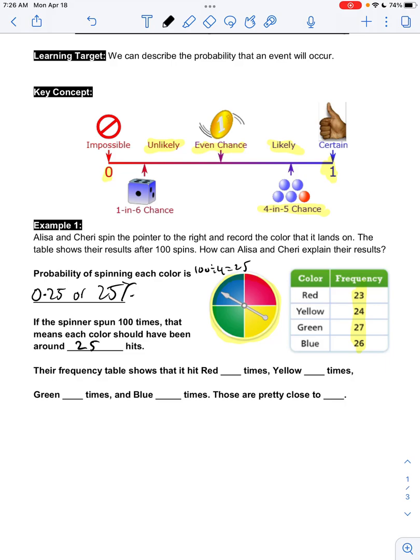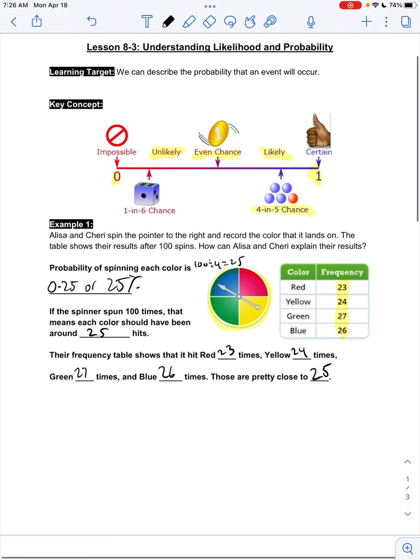Their frequency table shows that it hit red 23 times, yellow 24 times, green 27 times, and blue 26 times. Those are all pretty close to 25. So I'd say that our results hold up with what we were expecting.